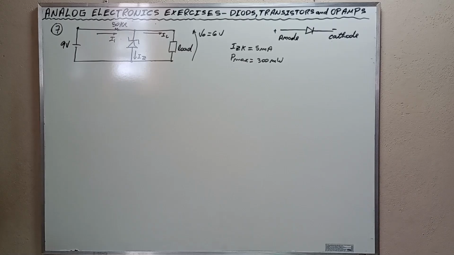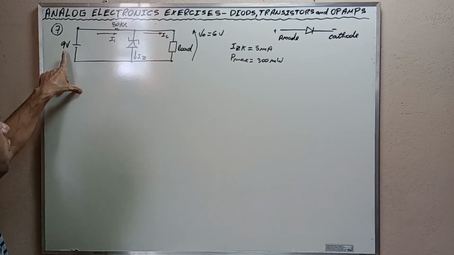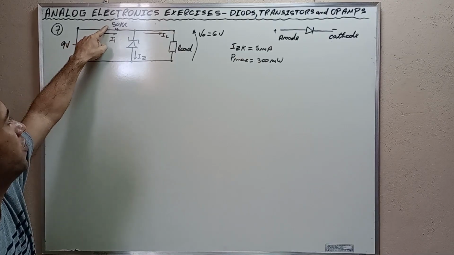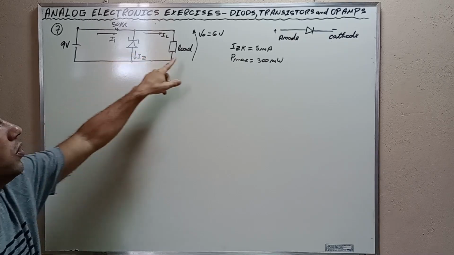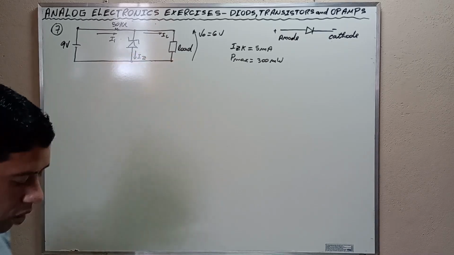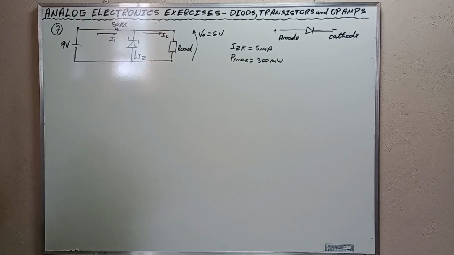The question: what are the minimum and the maximum load currents that can be drawn, keeping VO equal to 6 volts? We have a voltage source, a resistance, the Zener diode, and a load. Okay, let's go to the solution.